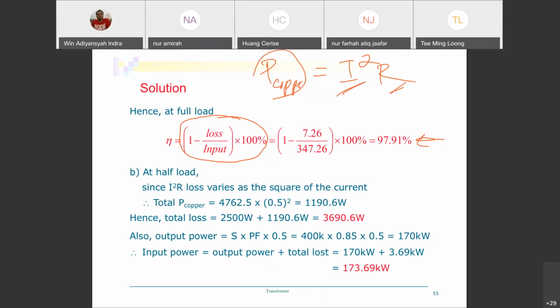Okay. But since it's half load, the R remains the same. That means the new I is half then.